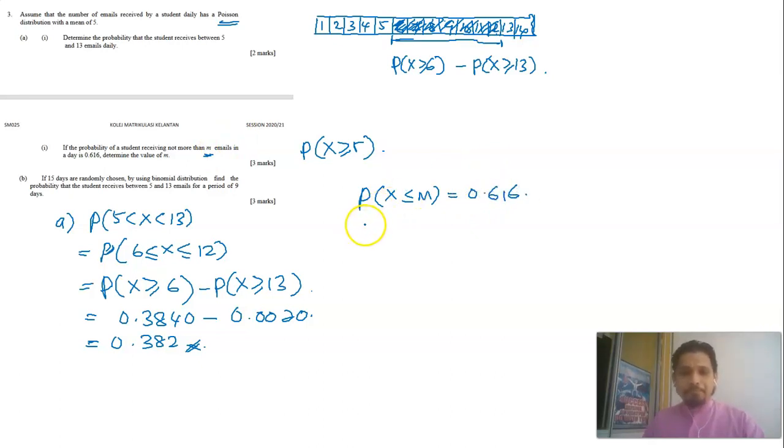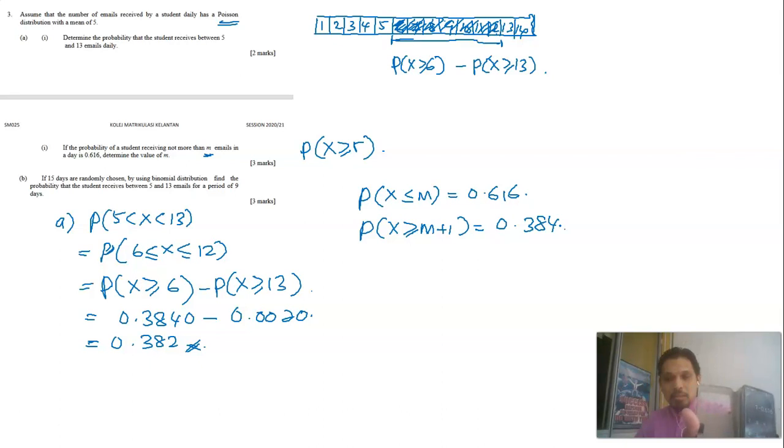So then you come up with probability of X greater than or equal to M plus 1, which is 0.384. So how do you get this one here? Because the total probability is equal to 1. So 1 minus 0.616 is 0.384. Okay.